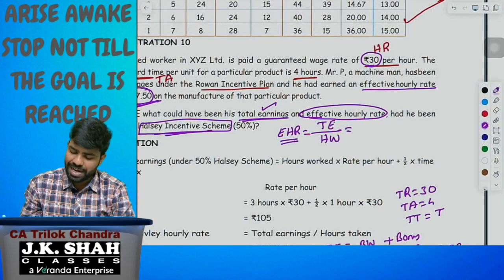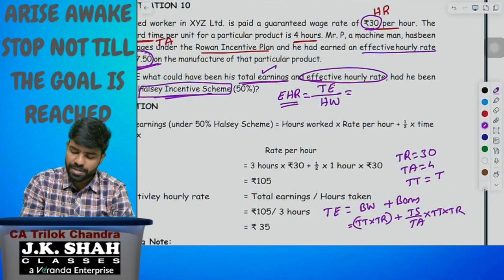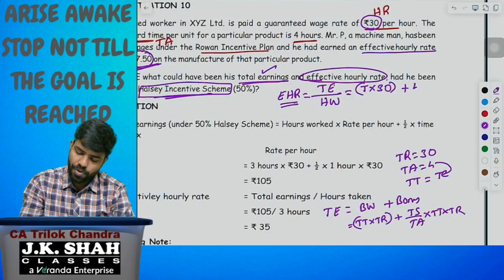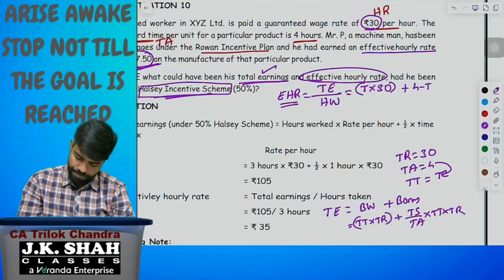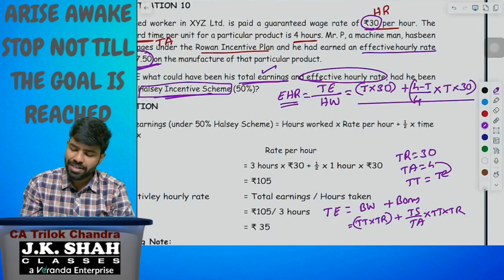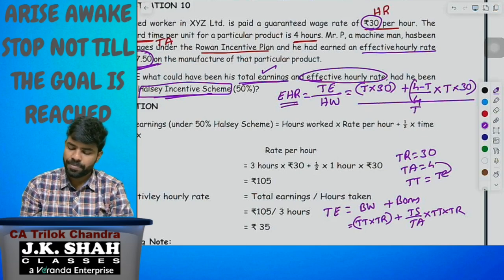Total earnings equal time taken into timely rate, that is T into 30, plus bonus. How to calculate time saved? Allowed minus taken, 4 minus T is the time saved, divided by time allowed, 4 hours, into time taken T into timely rate 30, whole divided by hours worked, that is T. Let us solve this equation.